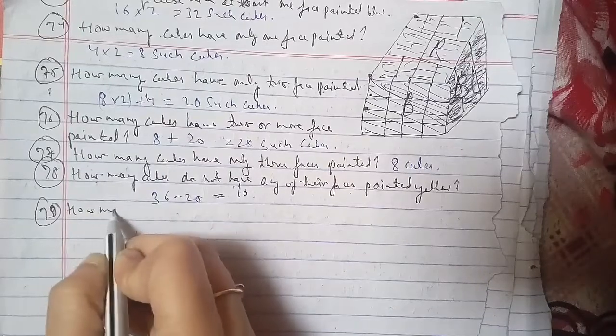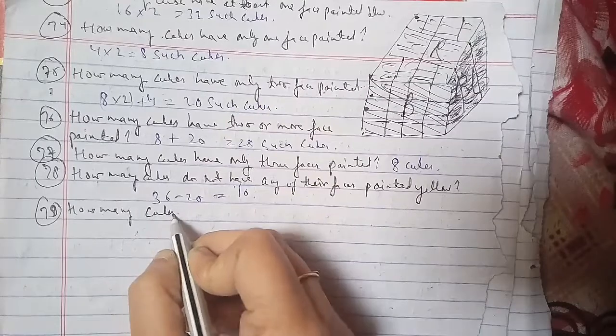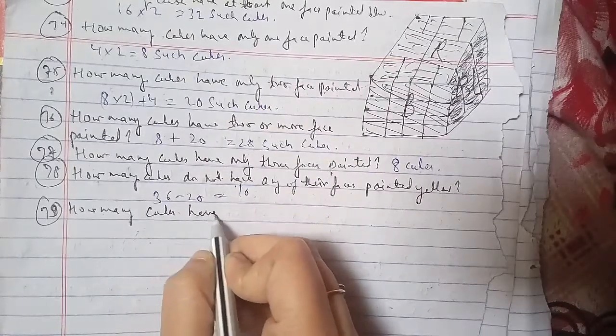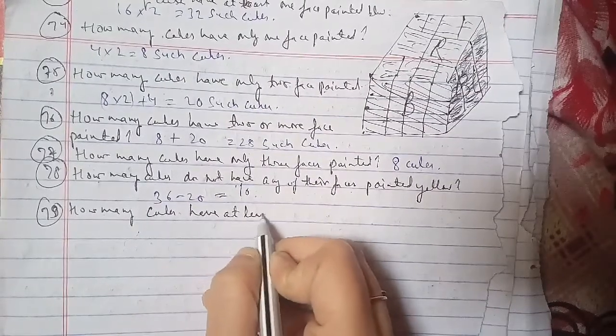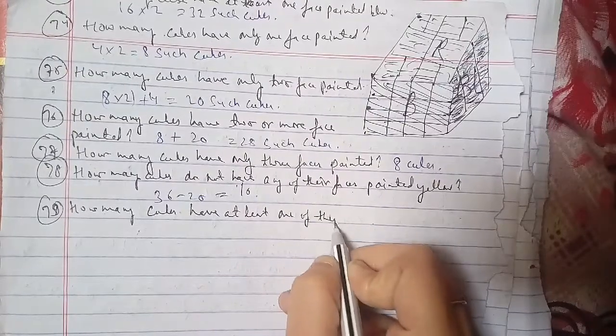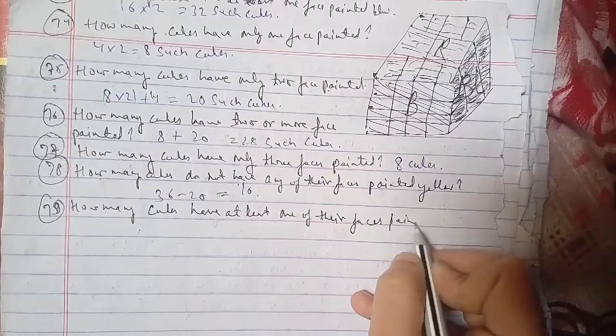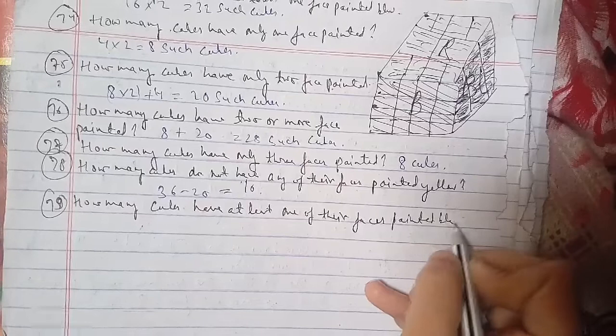How many cubes have at least one of their faces painted black?